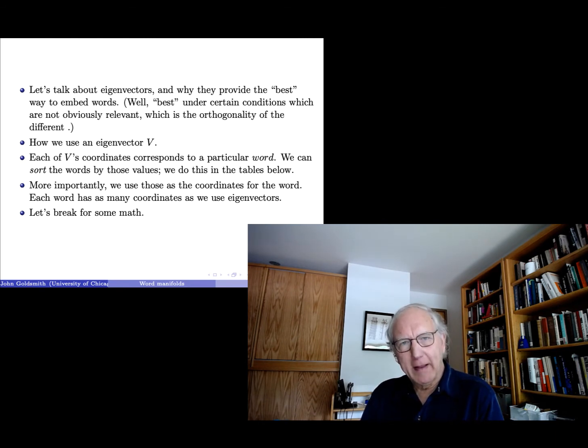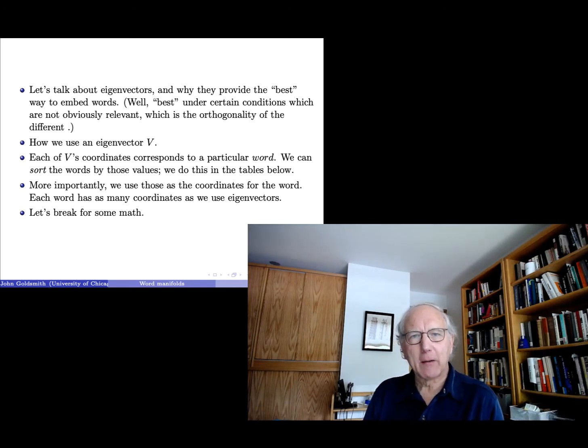That's how we started off making this matrix, for example. We listed our words down the left-hand side, and at some point I muttered something about, well, let's alphabetize them. But by alphabetizing them, we're assigning a label. Each word corresponds to a particular number. The 10th, the 20th, the 127th dimension is a particular word.